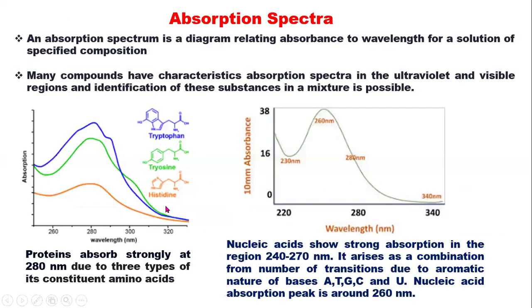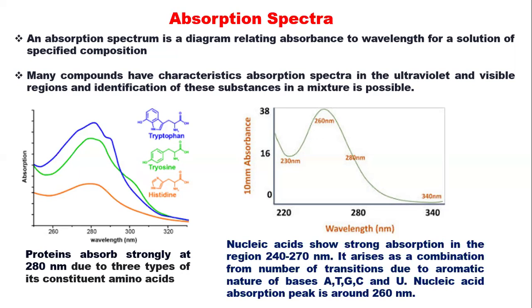So let's look at absorption spectrum. When we say absorption spectrum, we mean a graph or diagram showing the relationship between absorbance and wavelength of a solution of a specified composition.